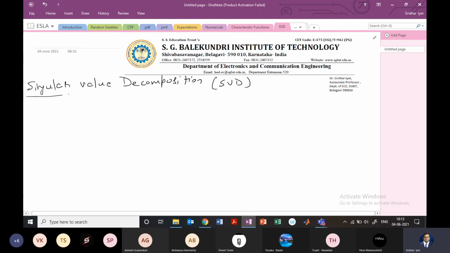Just before we go into this, if you look at the notes which I've put in the Teams group in module 5, you will see that a lot of details have been put about each of these concepts, and there are videos also, there are slides also which I've posted. You can go through that, but the best way to learn these concepts, because it is mathematics, is to actually sit and solve. If you solve one problem, you'll exactly know the process.